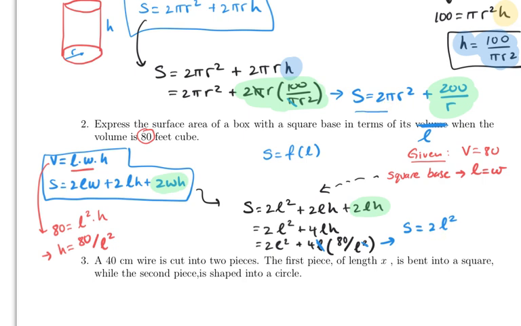Then the next one is plus 4 times 80, which is 320, divided by L. So again, just check the similarity between this and this. Obviously this is the final answer for that.